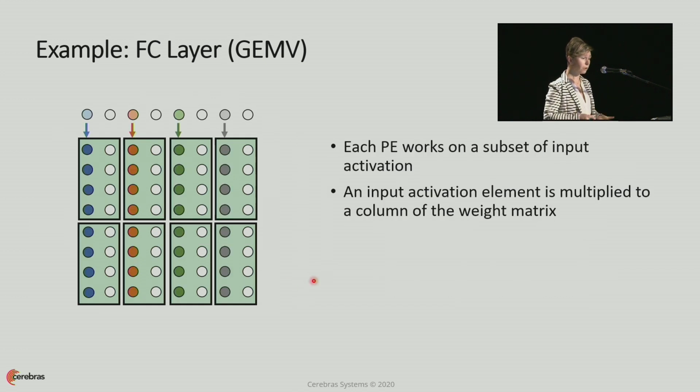So for example, let's say we have an input of length 8. Our output here will also be length 8. What happens here is each PE will work on a subset of elements of my input vector, and those elements will be broadcast to all the rows of processing elements. So this blue one will broadcast to this processing element and to this processing element. This orange will be broadcast to this one, and so on.